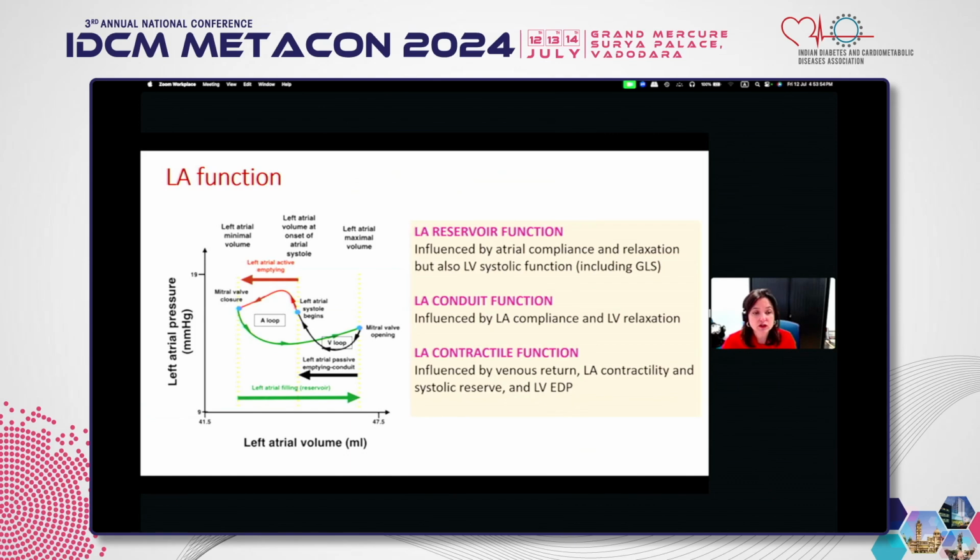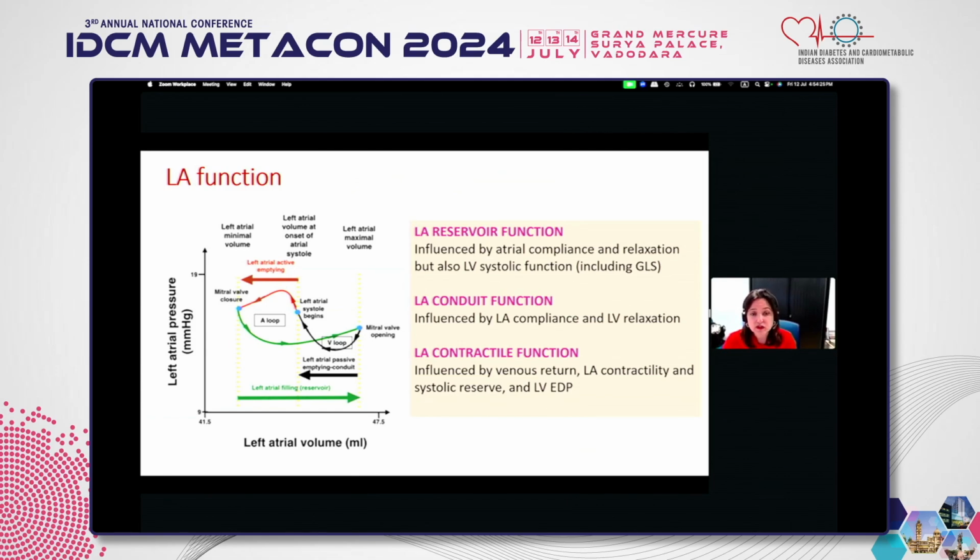And for function, we might also be very elegant and look at the reservoir function, conduit function, or contractile function. The reservoir function is actually how much the left atrium expands during systole, and that is a lot influenced by the atrial compliance, but also partially related to systolic function, because when the left ventricle contracts, it will pull down the atrium and facilitate its filling, and therefore the reservoir function.